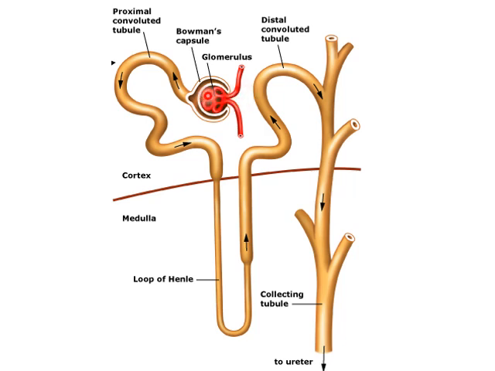We start at the glomerulus, Bowman's capsule, proximal convoluted tubule, loop of Henle goes down into the medulla and comes back out. We have the distal convoluted tubule. So the distal versus proximal is the adjacentness to the Bowman's capsule.